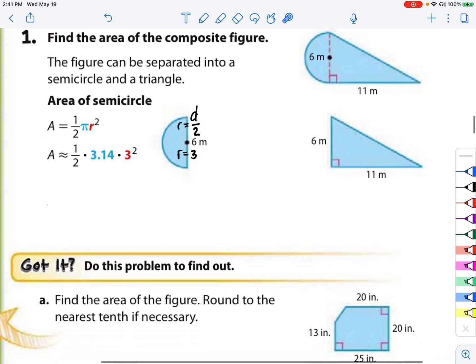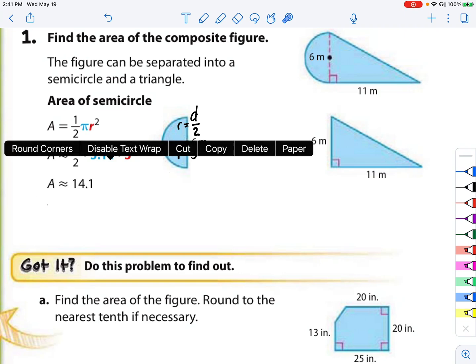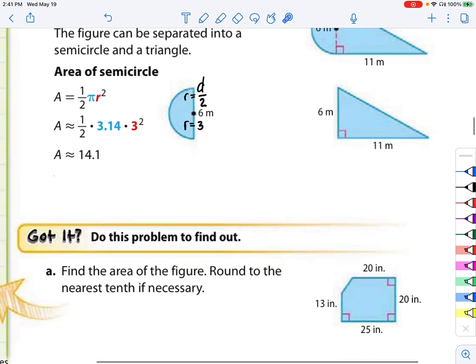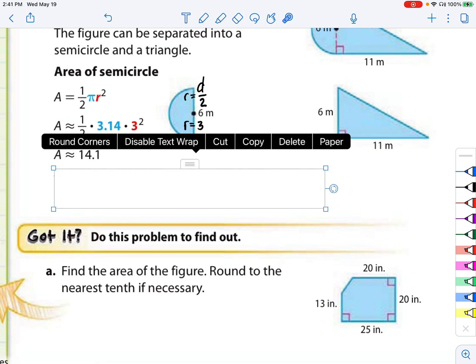Okay, we simplify that further. This becomes 9. 1/2 times 3.14 times 9 is actually equal to about 14.1. So that is the area of our semicircle.